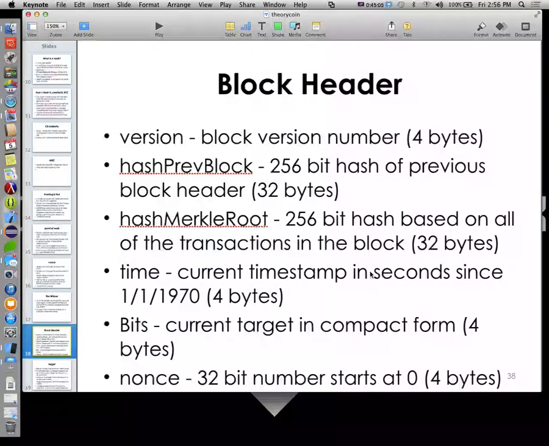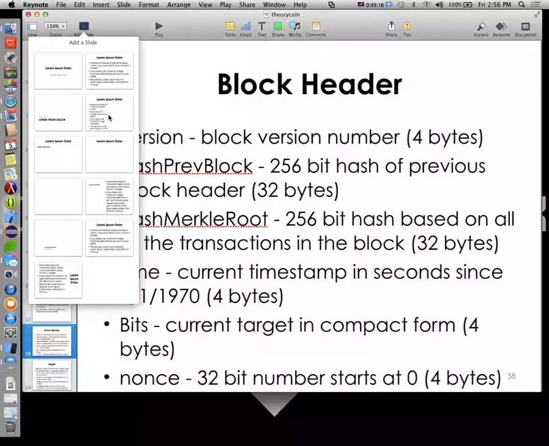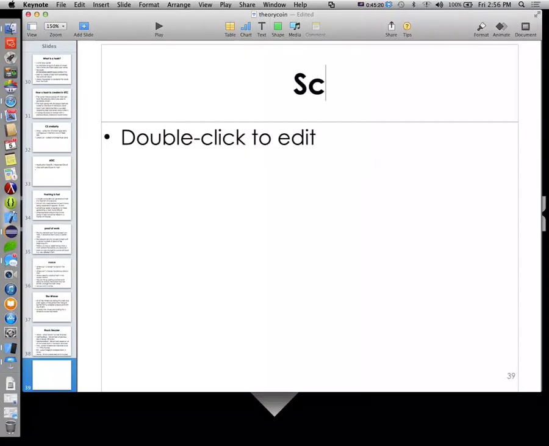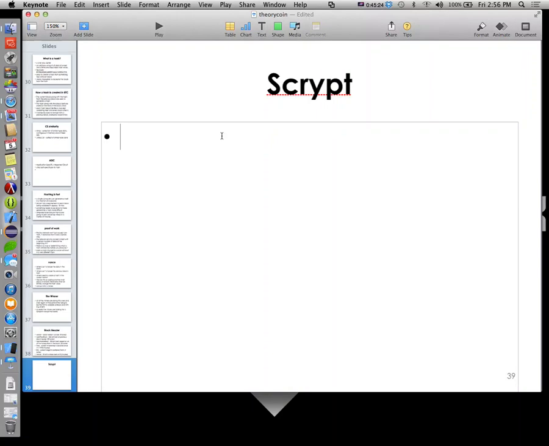It's actually viewed as one of the weaknesses of the Bitcoin technology that some of the altcoins attack. So Scrypt is a competitor of SHA-256, and let's talk about the high level here for a second.